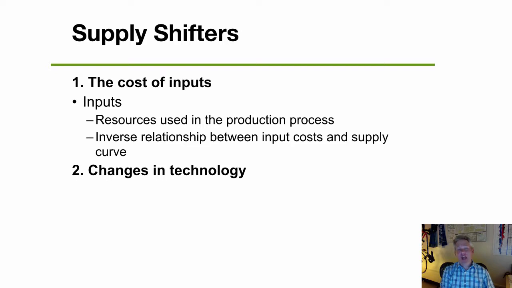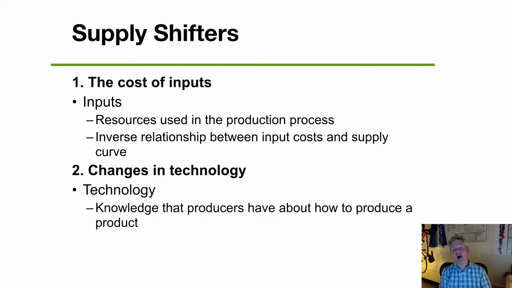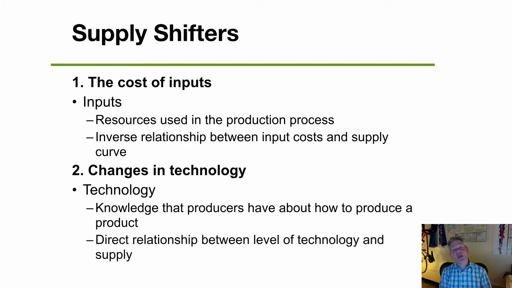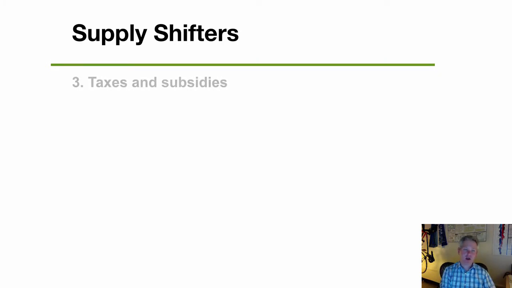What about changes in technology? Technology is just the knowledge that producers have about how to produce a product. So if technology improves, then supply shifts to the right. At all prices, you are willing and able to supply more because you've improved your production process. Taxes and subsidies also cause supply to shift.